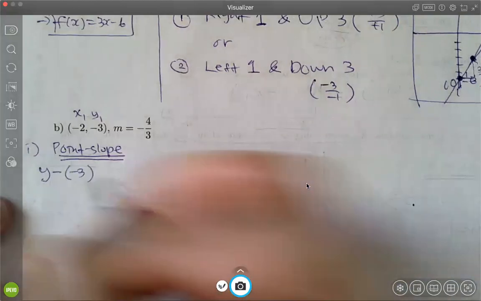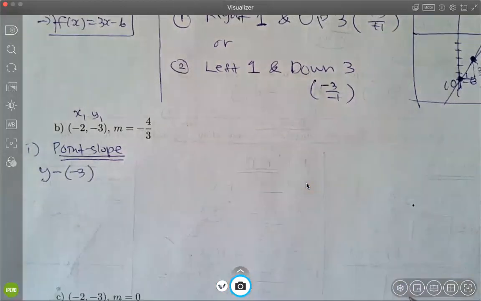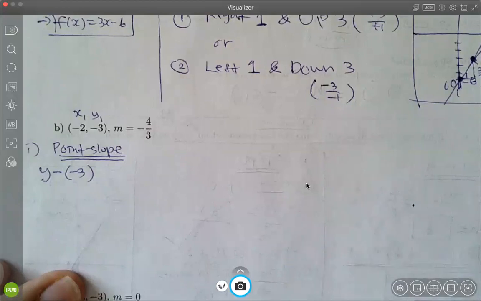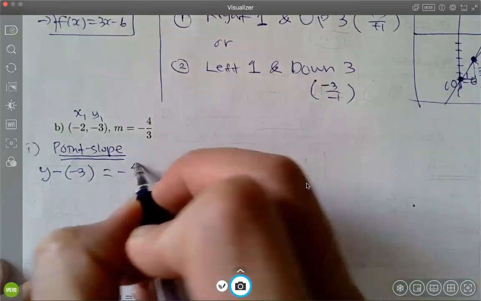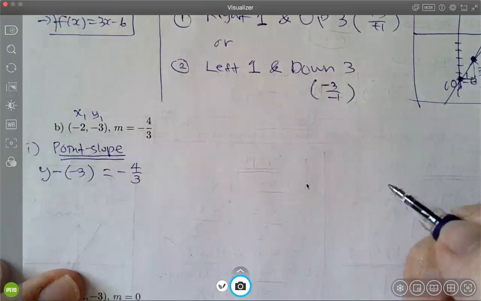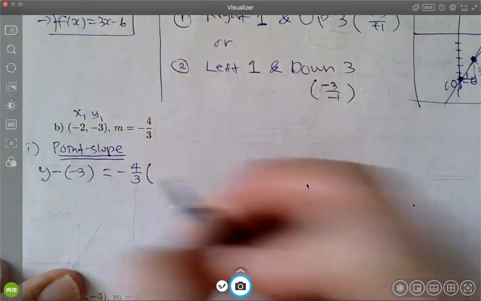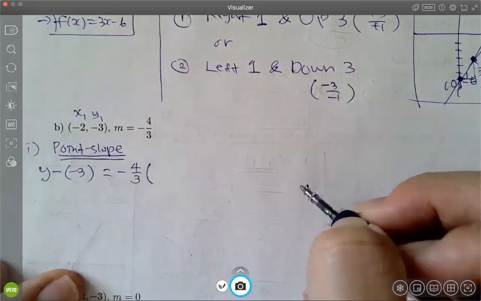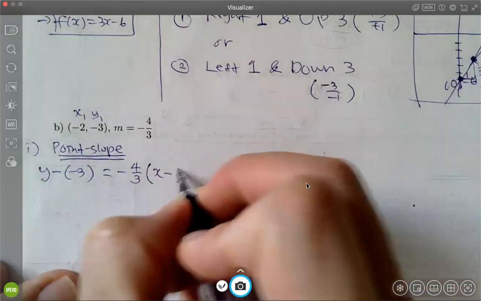Y minus -3. Be careful, it's not Y minus 3, it's Y minus -3. It is equal to M, which is -4/3, and then parentheses. And then what's next? X minus X1, which means X minus -2.